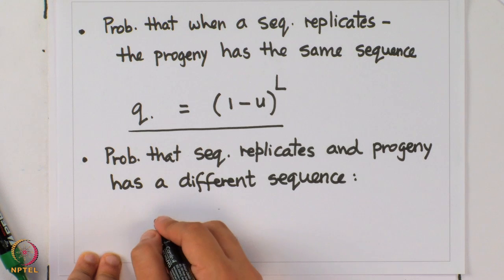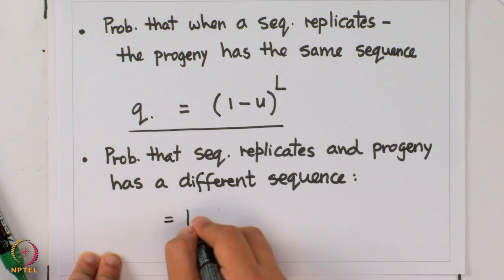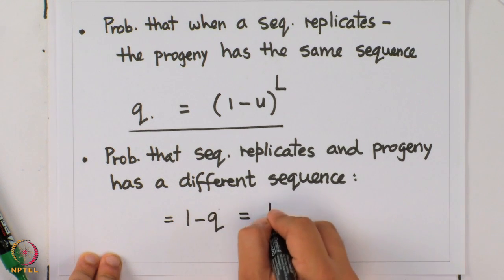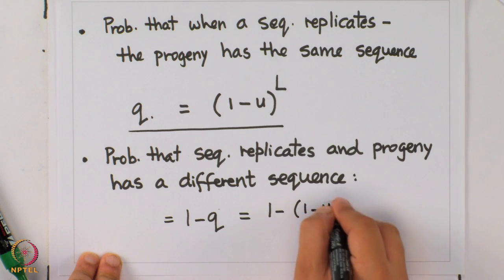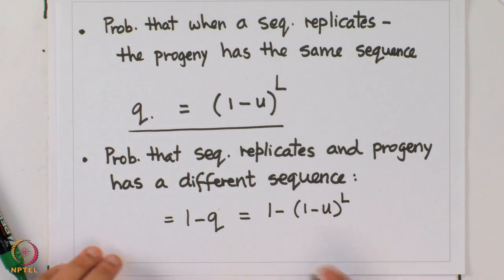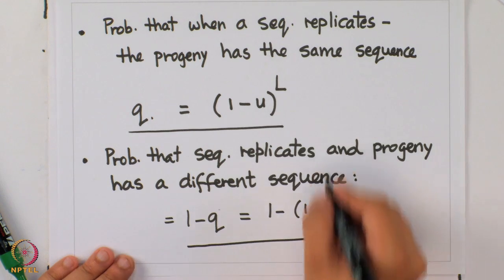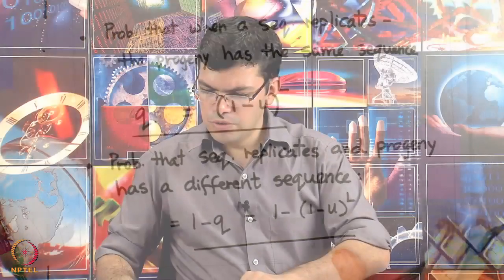So, this probability is just going to be given by 1 minus q, which is 1 minus u to the power L. Right? You should convince yourself that these are all positive numbers. Now we have the probabilities associated with the fact that given the mutation rate, when division happens, what is the probability that I am creating a progeny which is identical to my sequence, and what is the probability that I am creating a progeny which is dissimilar from my sequence and is a mutant progeny.